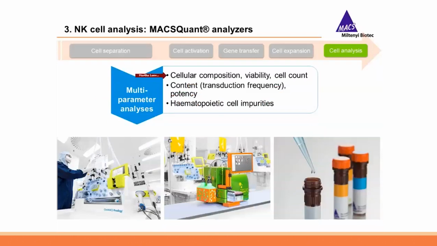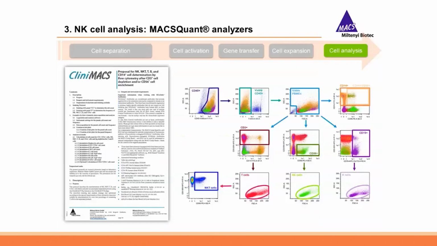We will also release panels to make sure that you know the potency of your CAR NK cells and also to know the impurities. We already have one of those available. It comes with a very detailed SOP of how to do the gating, which antibodies to use, and it's everything there for you. So feel free to request this in case you're interested.